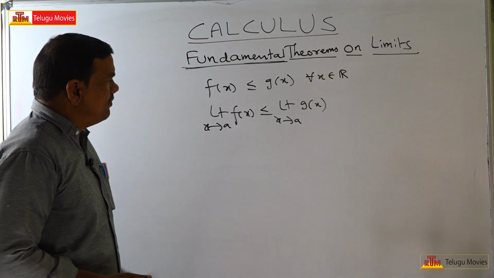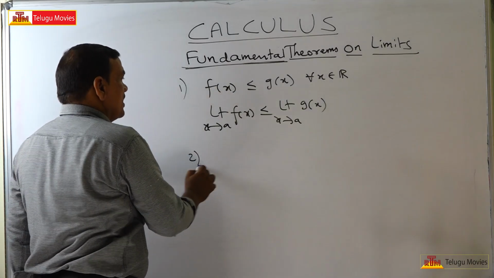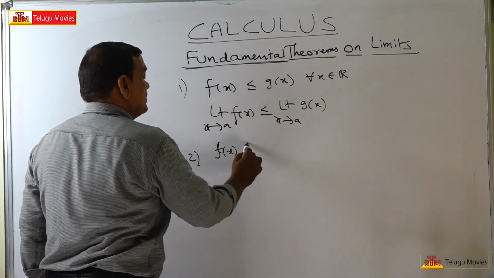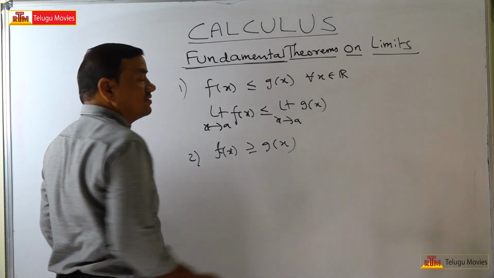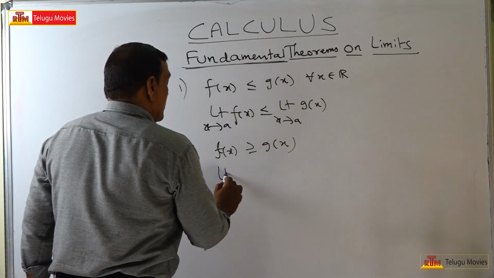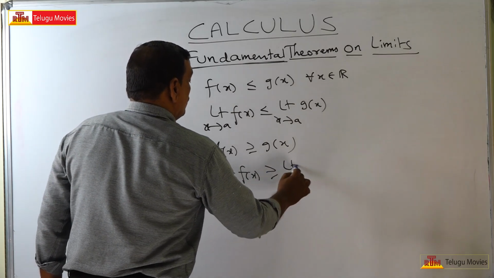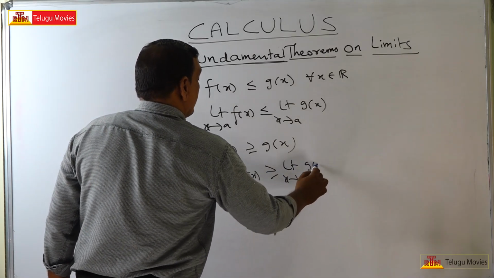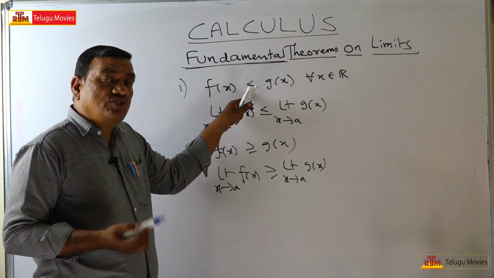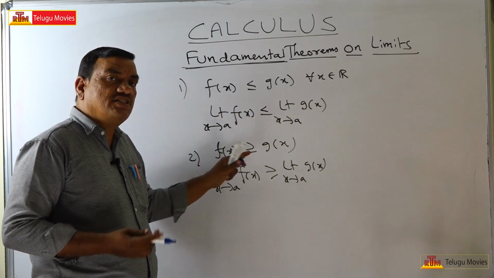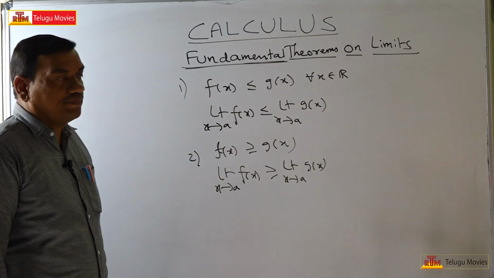Okay, the same concept applies for greater than also. If f of x is greater than or equal to g of x, then limit of f of x is greater than or equal to limit of g of x. Even if it is strictly less than or strictly greater than, the concept will be the same.